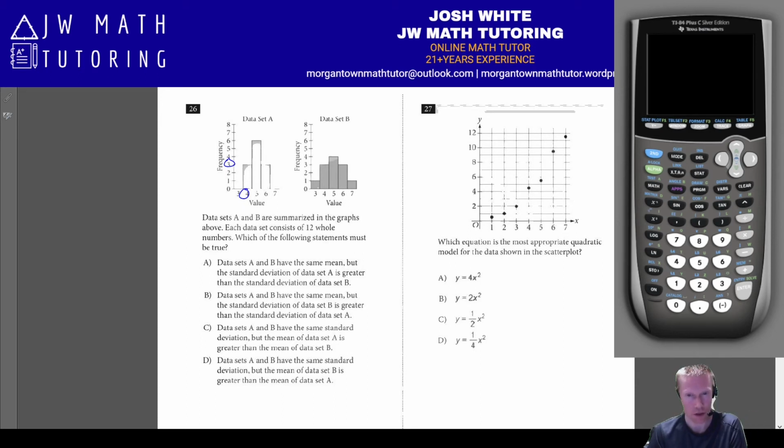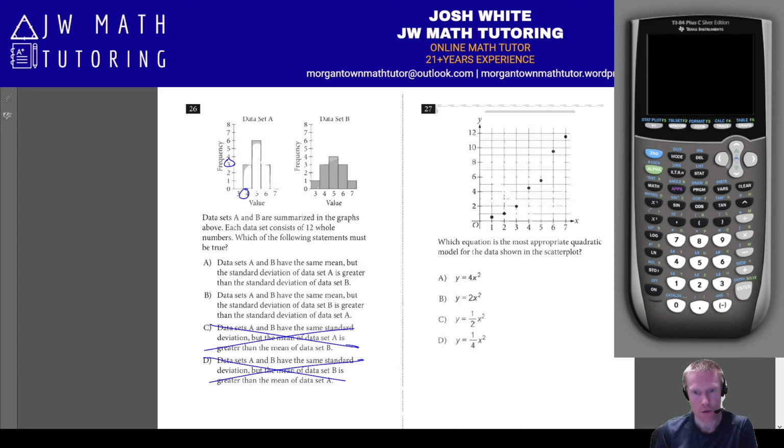I guess it would be 3 plus 6 is 9 plus 3 would be divided by 12 in this first example. Oh, and it tells us right here it's 12 numbers. And then you could get the mean, and you could compare in that way. But the point is you don't need to do that. So the means are going to be the same. Therefore, we can automatically cross out C and D because those have one data set with a greater mean than the other.